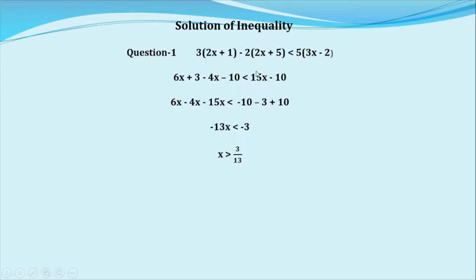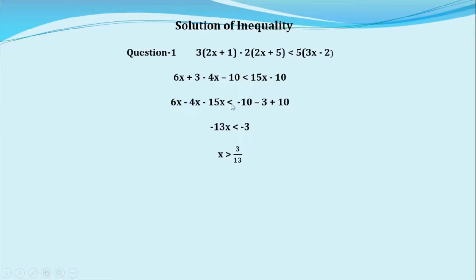Now normally we take the variable terms on the left hand side and constant numbers on the right hand side. 6x minus 4x, 15x we will take on the left hand side, it will become minus, and on the right hand side, minus 10, and this plus 3 will become minus on the right hand side, and this minus 10 will become plus 10 on the right hand side.